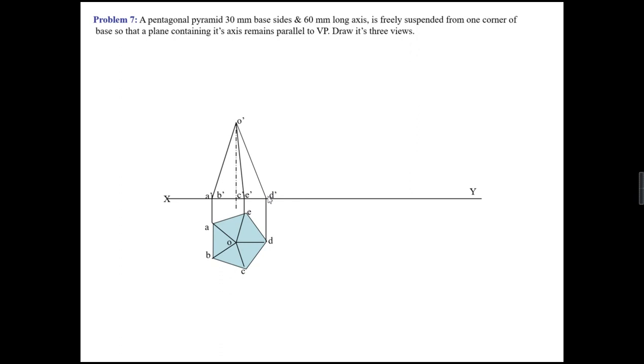make this solid fully suspended from this point, and the center of gravity will be at h by 4 distance from this xy line. So the height of the axis is 60 mm, then the center of gravity will be at 15 mm from the xy line or base.